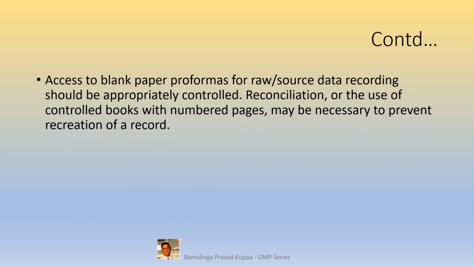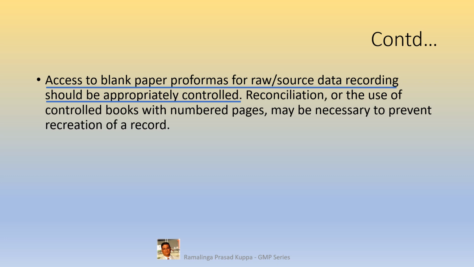Access to the blank paper proformas for raw source data recording should be appropriately controlled. Reconciliation or the use of controlled books with numbered pages may be necessary to prevent recreation of a record. Most of the manufacturing activities are recorded on official blank formats in which the data is incorporated in appropriate spaces provided in the format.